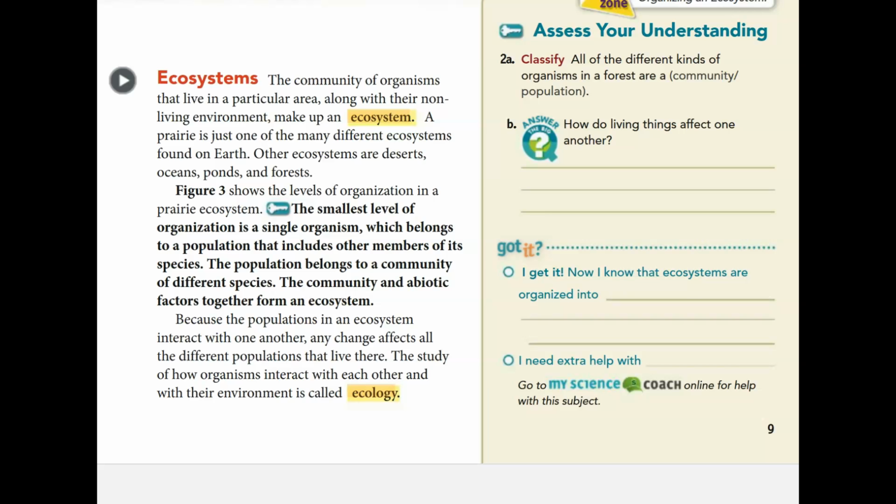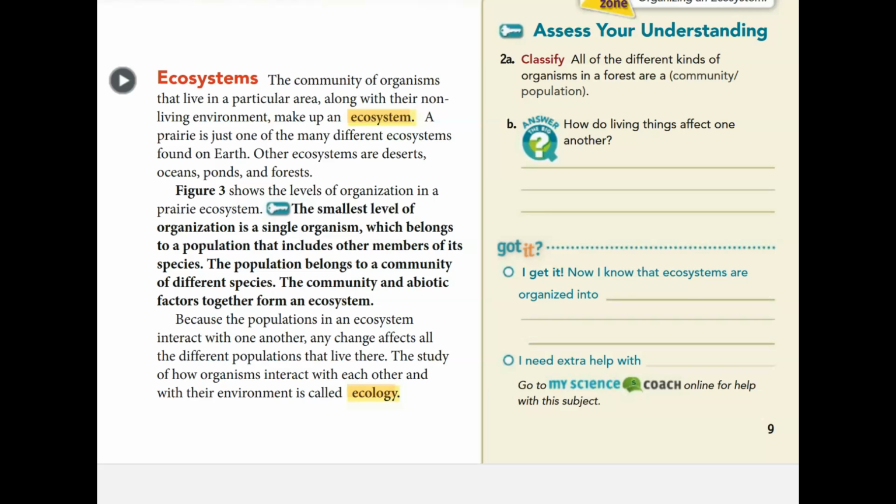Ecosystems. The community of organisms that live in a particular area, along with their non-living environment, make up an ecosystem. A prairie is just one of the many different ecosystems found on Earth. Other ecosystems are deserts, oceans, ponds, or forests.